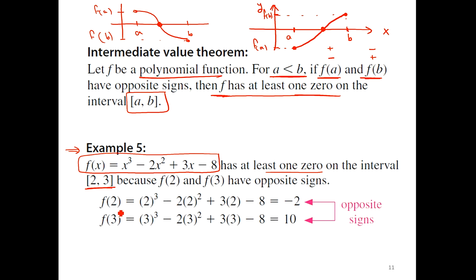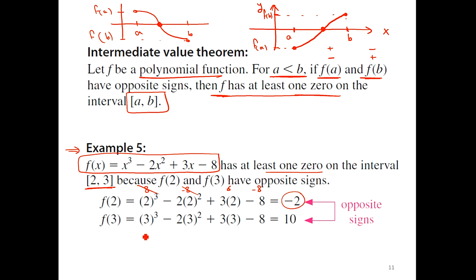After substituting 2, we have 2 to the power 3 minus 2 squared plus 3 multiplied by 2 minus 8. This is 8, this is negative 8, this is 6, this is negative 8. 6 minus 8, we have negative 2.